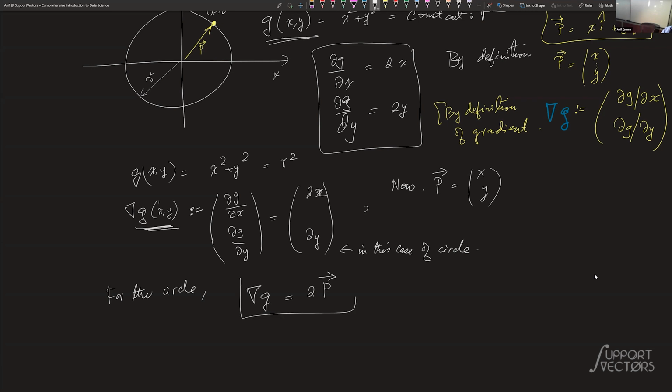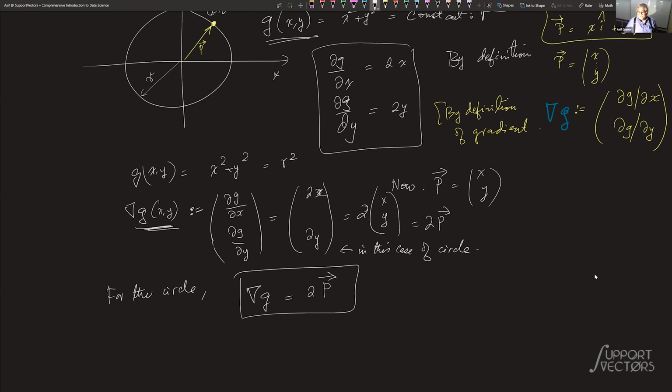Does this make sense? In this particular case, it is equal to 2 times xy, which is equal to 2 times the P vector. Do you see the connection here, guys? So in the case of a circle, there is something interesting.